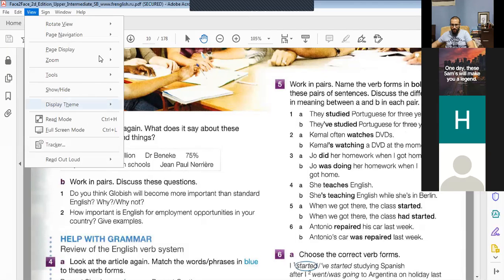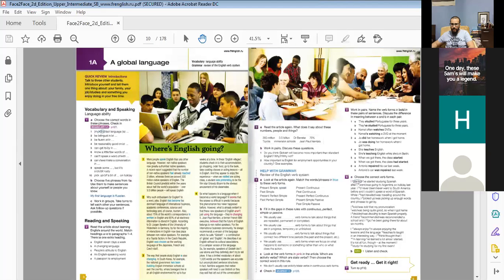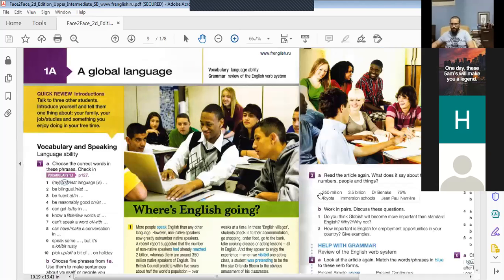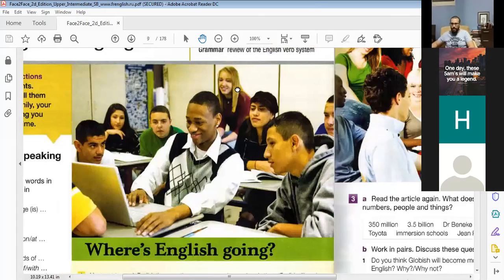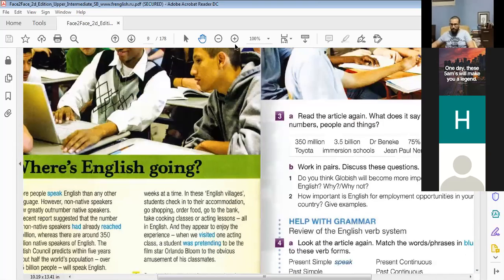Okay, let me see if I can show you both pages. It's a prediction, I think. All right, so I can show both pages. Good. Let me just zoom in. So this way you can see the article and the question at the same time. All right, now, if it's a little too far away.